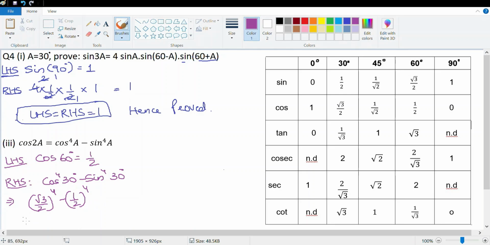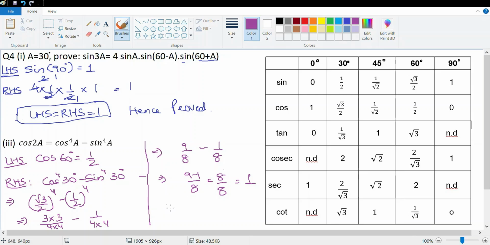This is equal to root 3 to the power 4, which is 3 into 3, and this is 4 into 4, minus this is 1 upon 4 into 4. So this would be equal to 9 upon 8 minus 1 upon 8, which is equal to 9 minus 1 upon 8, which is 8 upon 8 is equal to 1.